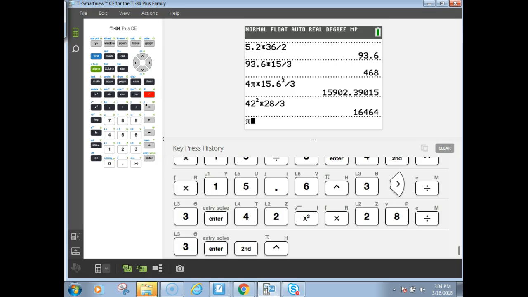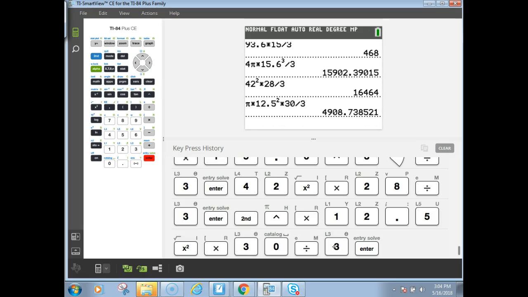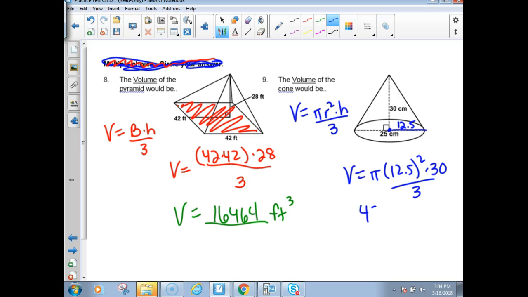Okay, please practice. I have forgotten my height now that I'm not looking. 30. Oh yeah, divided by 3. I was thinking of dividing by 3 first. 4,908.7 cubic centimeters.